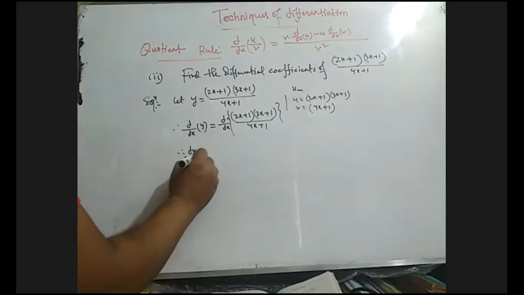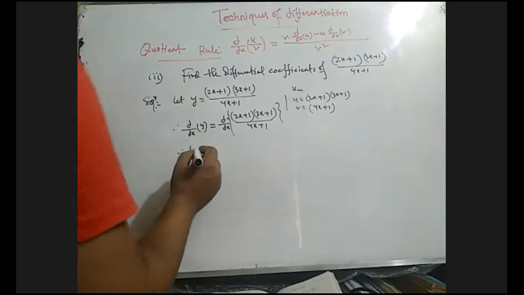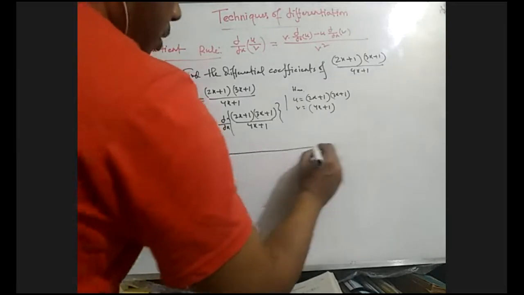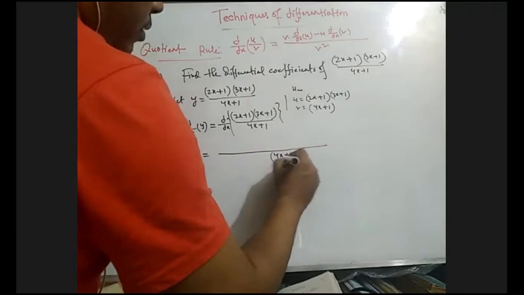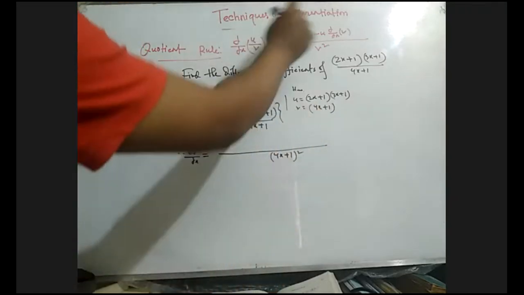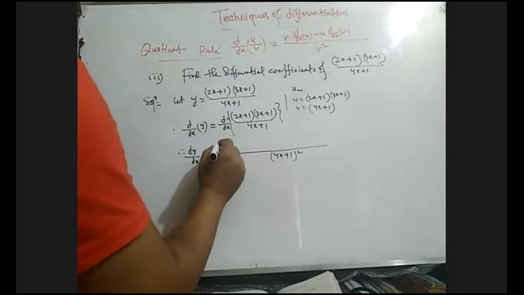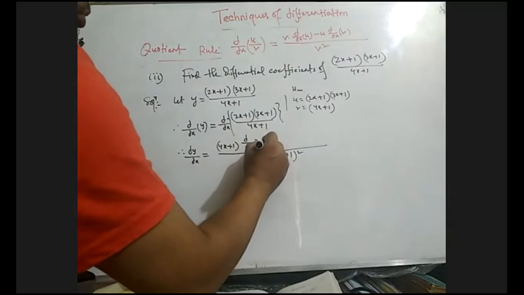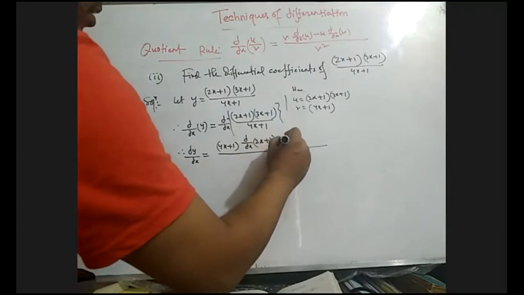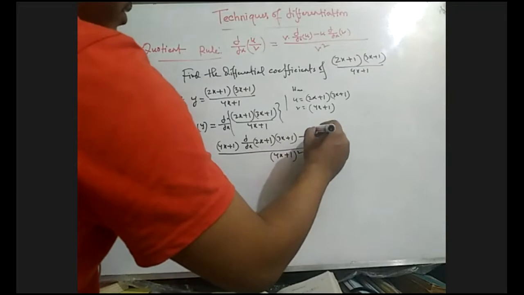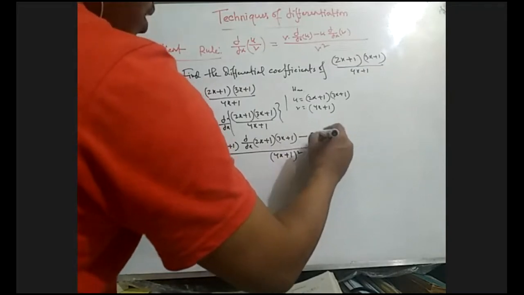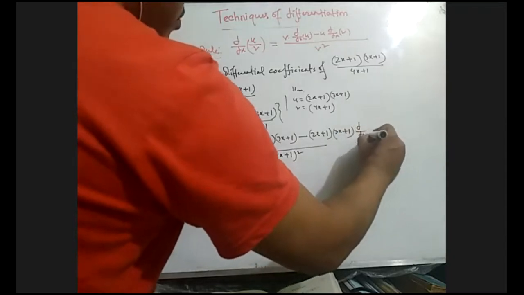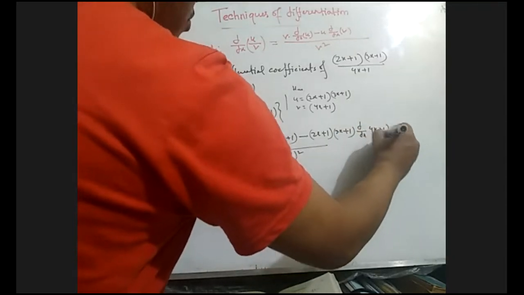Therefore dy/dx will be: v squared, v means (4x plus 1) whole squared. Just using this quotient rule, we get v, which is 4x plus 1, into d/dx of u, where u means (2x plus 1)(3x plus 1), minus (2x plus 1)(3x plus 1) into d/dx of v, where v means 4x plus 1.